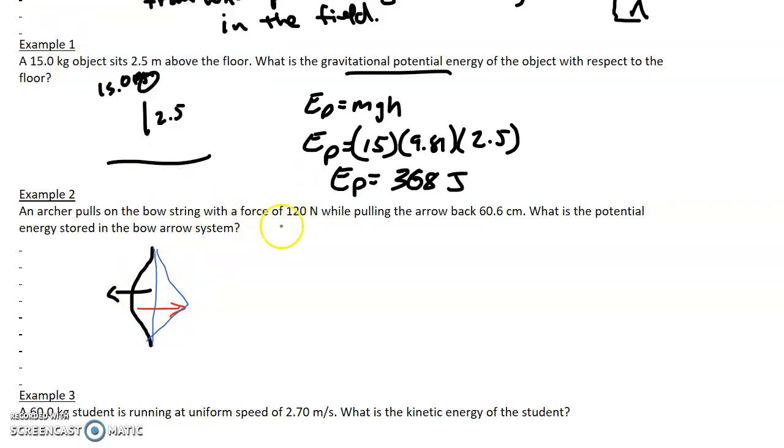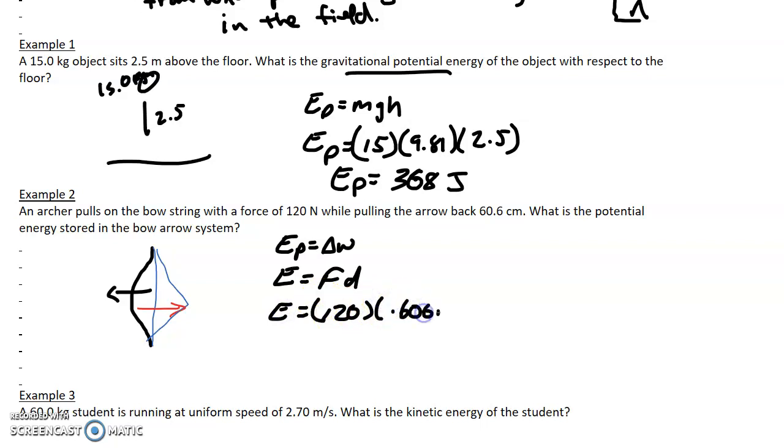The amount of energy stored within the system is really the amount of work that's being done, which means force times the distance. Now we are pulling this back with 120 newtons of force, 0.606 meters, which means the amount of energy stored here is 72.7 joules.